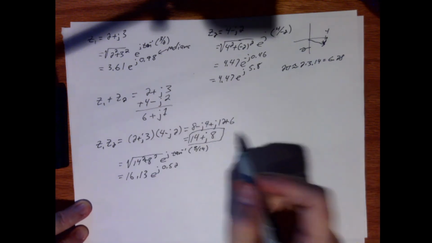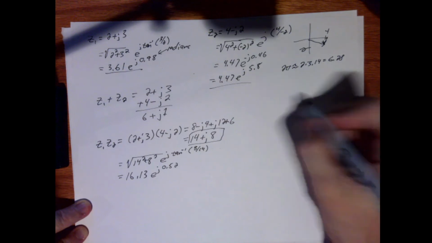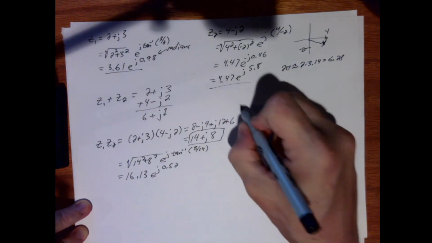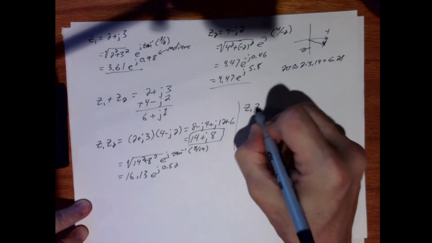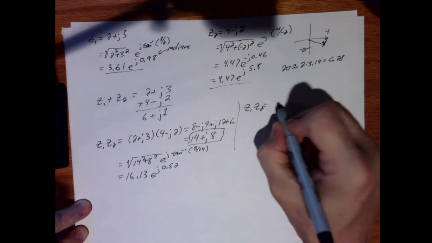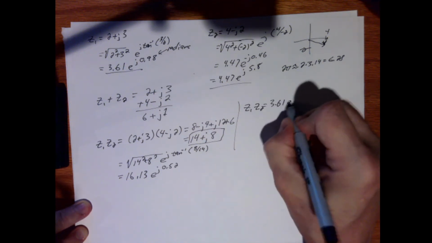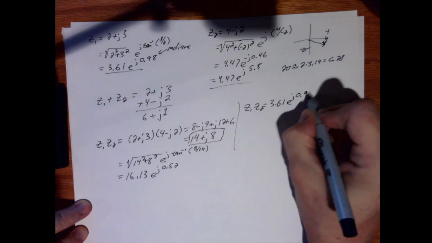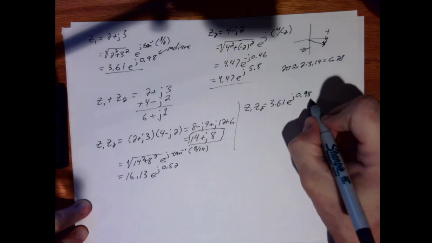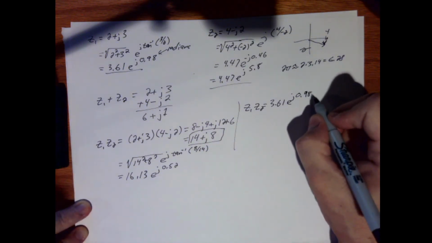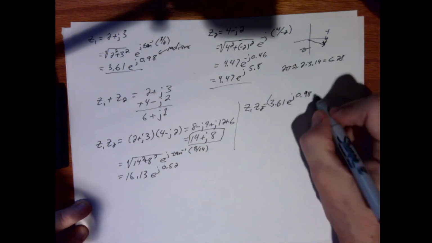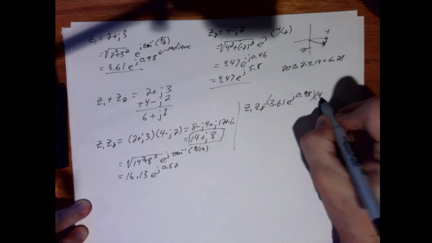If I'd done this in polar coordinates, since I produced these values, and I should pull, sorry, I should pull the 4.47 out to the beginning, it would be easier.